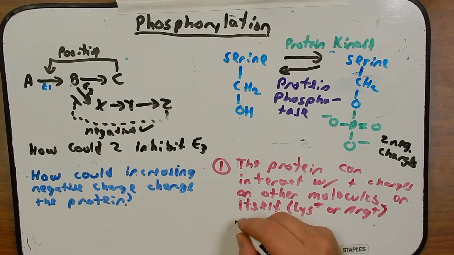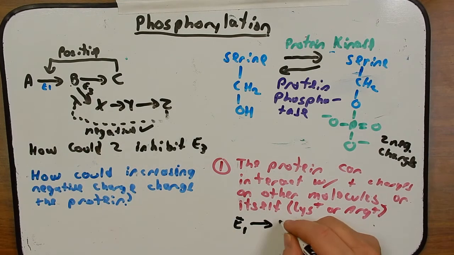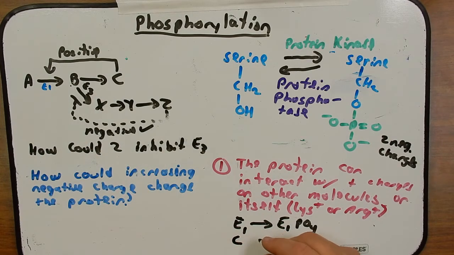Alternatively, maybe enzyme 1 here needs to be phosphorylated to be fully active. Maybe it has some activity without being phosphorylated, but maybe being fully phosphorylated enhances its activity because it folds in such a way to make that active site more accessible to B. And in this scenario, maybe C acts as a kinase, or maybe C activates a kinase.